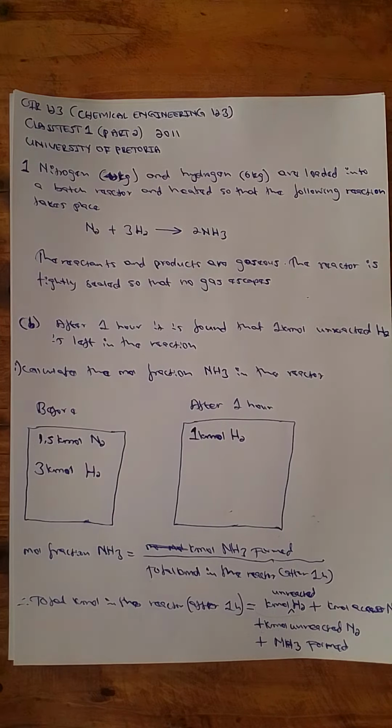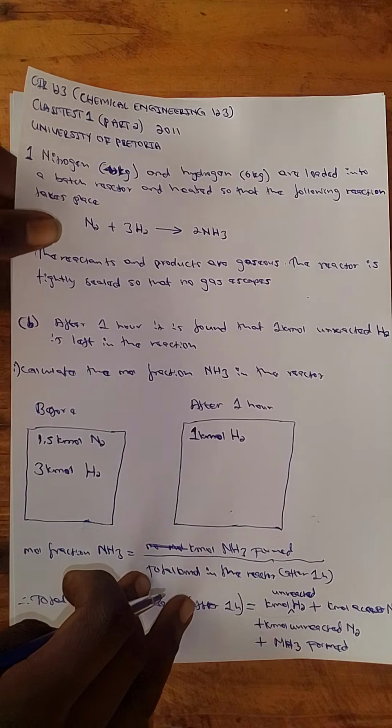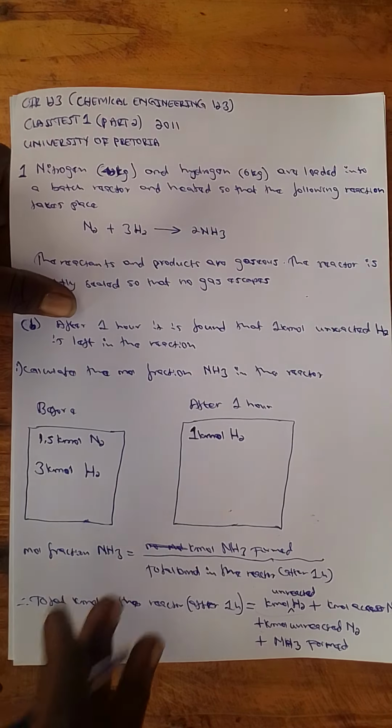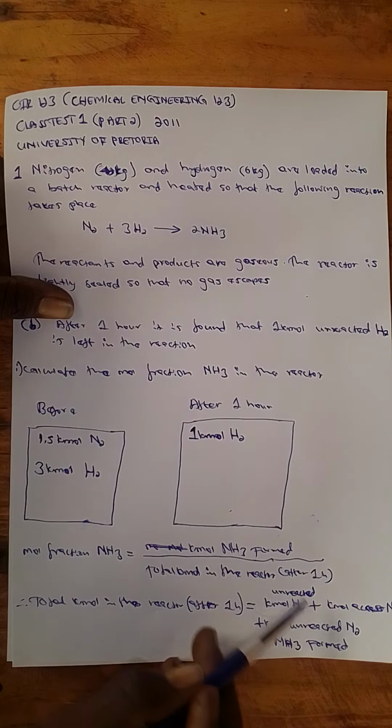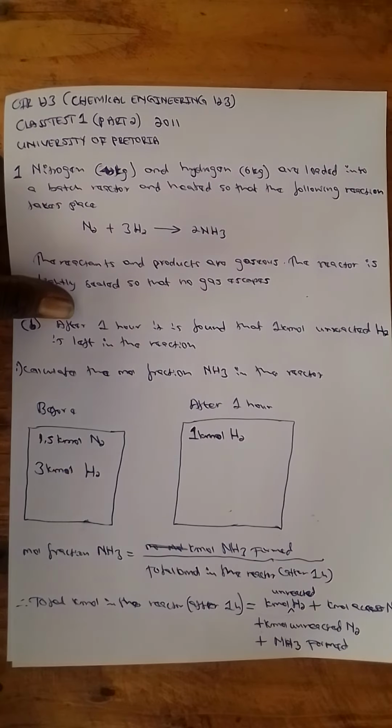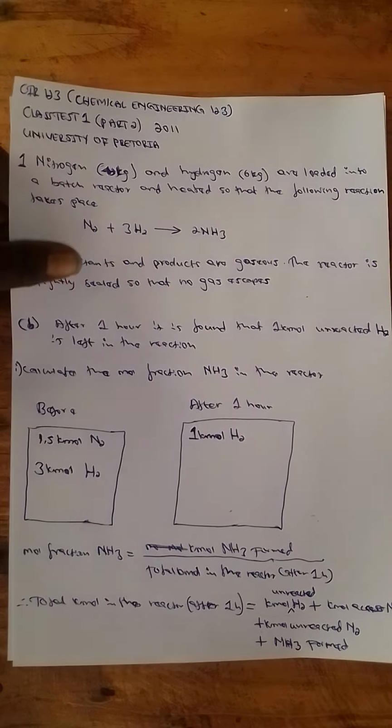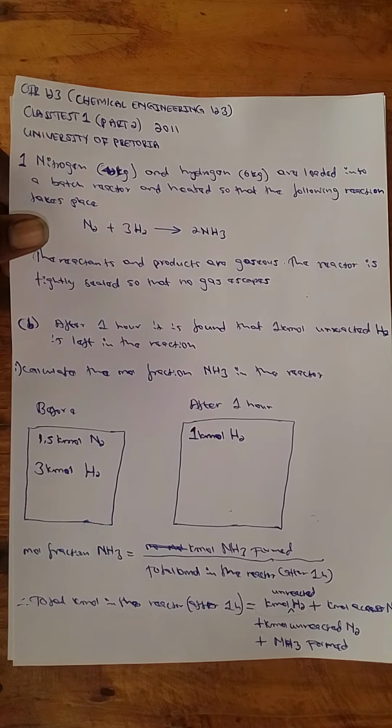To make it a little easier to follow, I will break this equation down in parts. We'll start with the kilomole unreacted H2 and put it down. I'll make a list of those so that by the time we come back here, we at least understand where each term comes from.